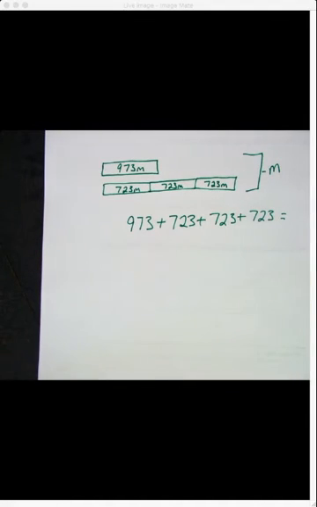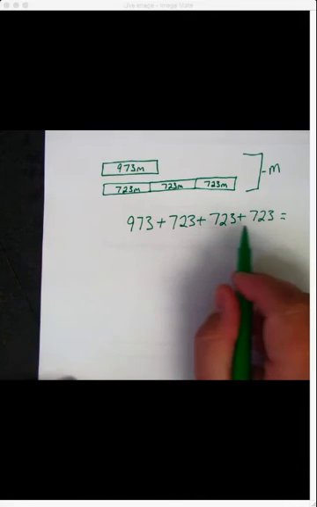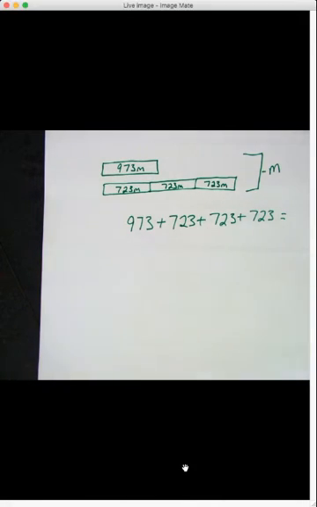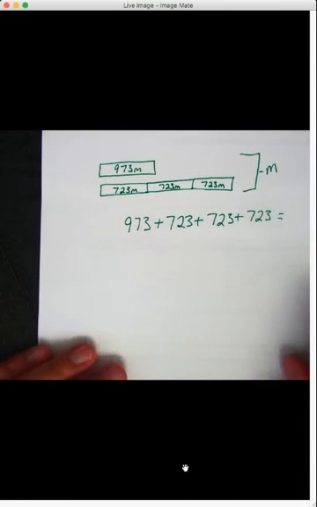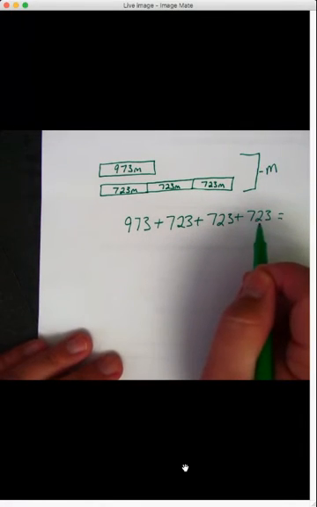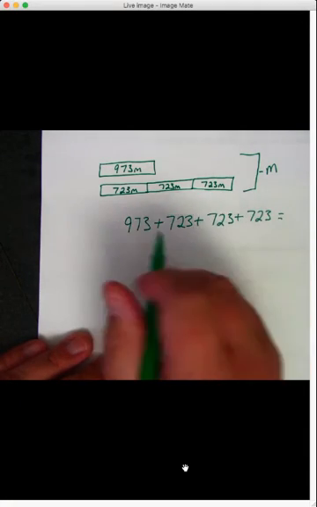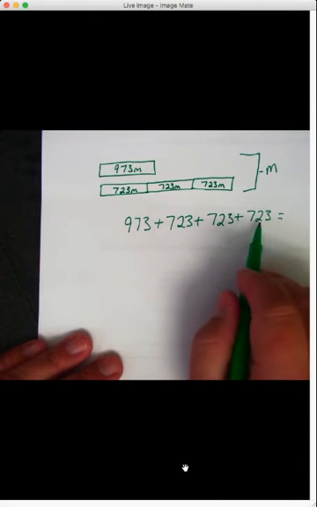But is there a simpler way that we could do that? Instead of adding 723 3 times, what else could we do? Well, we could do 3 times 723 and then add that 973. So this equation would be fine.